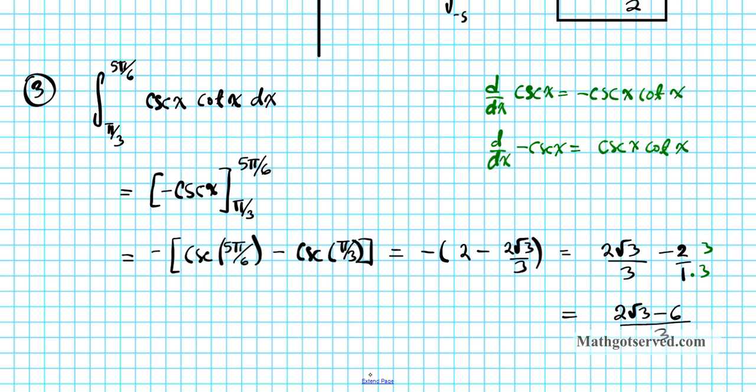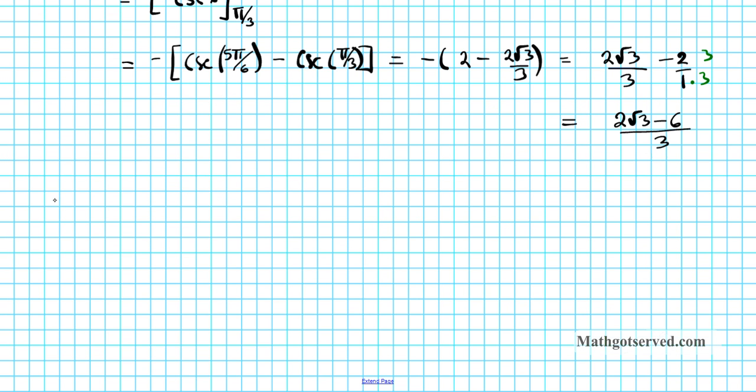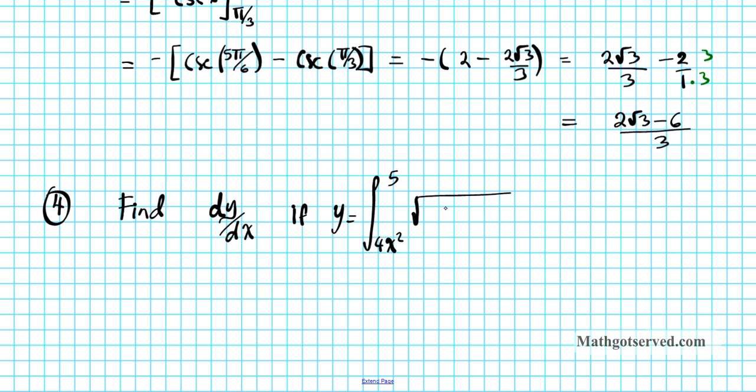Let's shift our attention to question number 4. We're to find dy dx if y is equal to the integral from 4x squared to 5 of the square root of 1 plus 5 sine squared t dt.